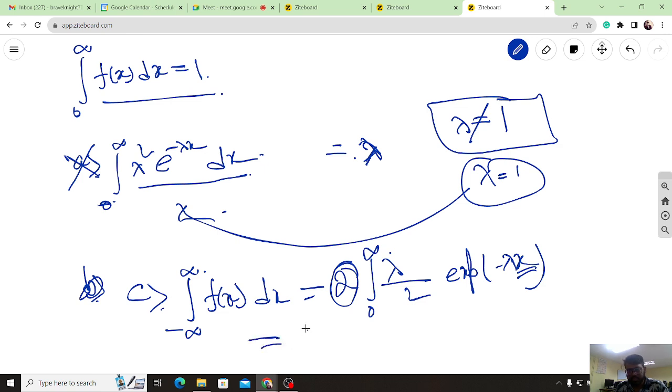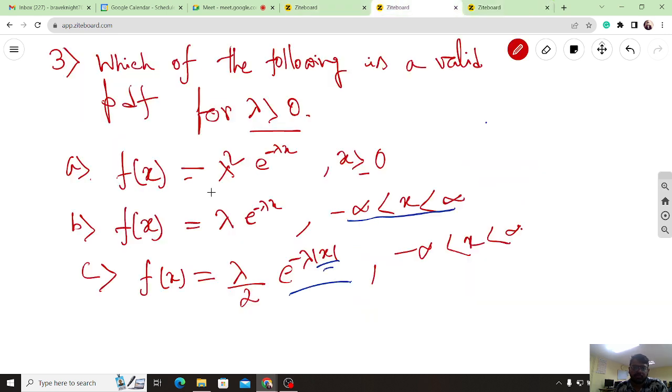So if I do this integration, it will come as 1 from 0 to infinity. You just have to do the integration with respect to x. So option C is the right answer. And this is a function that stretches from minus infinity to plus infinity.